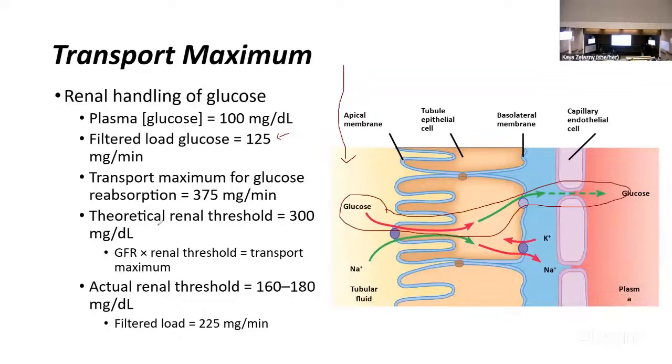I'm not going to ask you to do that math on the exam or any of our future assessments, but it is helpful to think about that relationship. So our theoretical renal threshold is 300 milligrams per deciliter. What we're saying is that if we multiply our glomerular filtration rate times that amount of glucose in the blood, that's what's going to get us to hit this transport maximum.